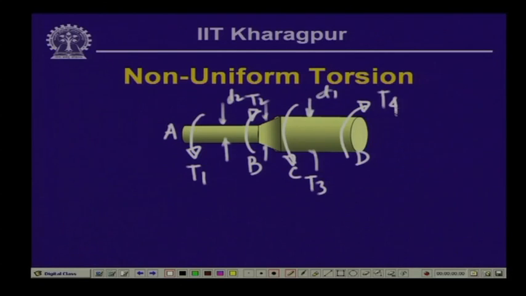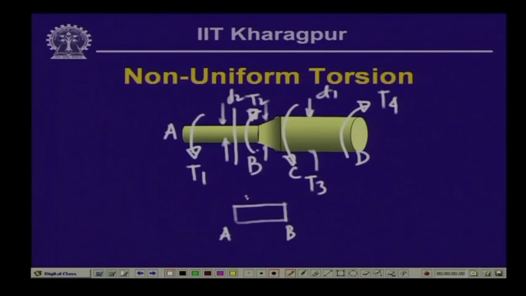At these points A, B, C, D, different twisting moments T 1, T 2, T 3, T 4 are acting. Now, if we draw the free body diagram between A and B, the twisting moment T 2 is acting at the point B. Between A and B we have only the twisting moment T 1 acting. So, if I take a section here and draw the free body diagram between A and B, we have the part A B, just before B, before the application of T 2.